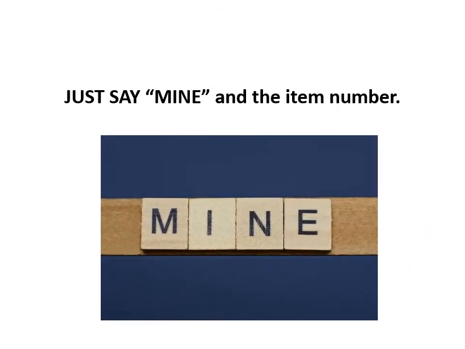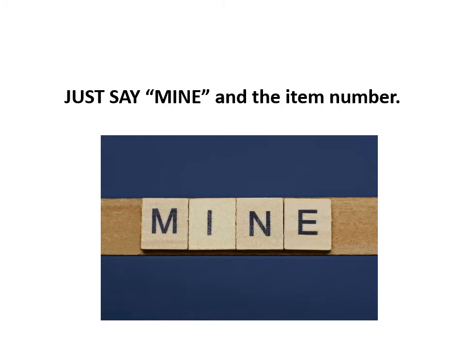You cannot say mine, but you have to write mine and then the number of the item, just as if you are shopping on live selling. So you choose which dress or clothing is appropriate to the occasion or event.